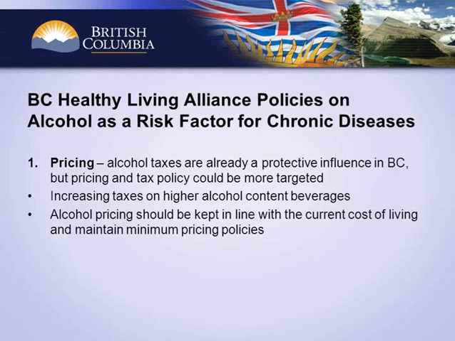As an example of collaboration, interest from a chronic disease network, the BC Healthy Living Alliance has recently adopted policies on alcohol as a risk factor for chronic diseases, and I present their 3 policies here on slide 20 and 21. Note in particular the policies on pricing and access.